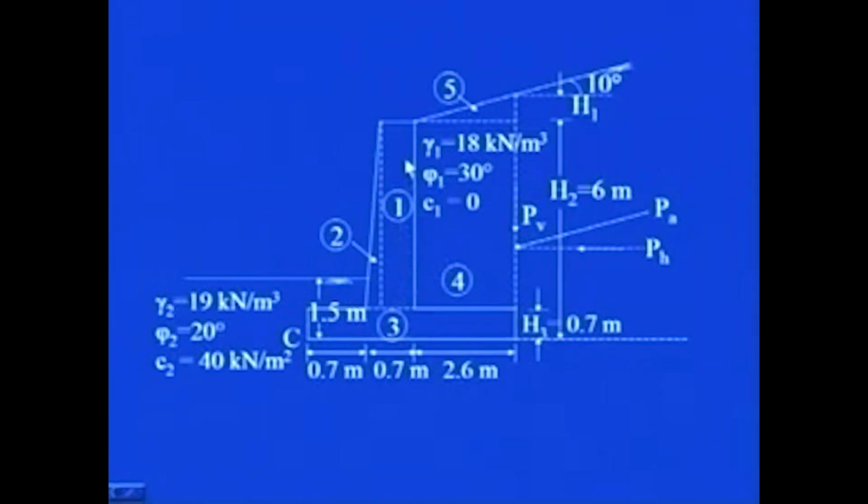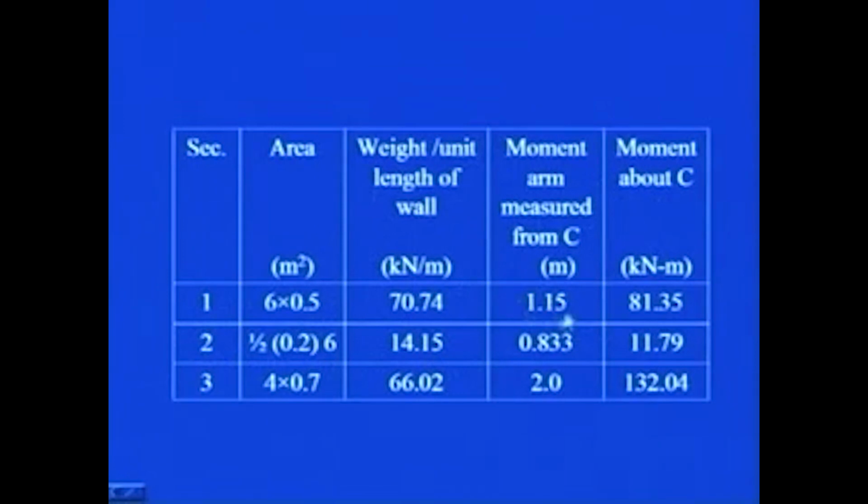This is acting at half of this, that is 0.25. Then you add this distance to it, and you get the lever arm from this point C, which is 1.15. You simply multiply this weight per unit length of the wall by this moment arm, and this will give you the moment about the point C due to the sectional area 1.